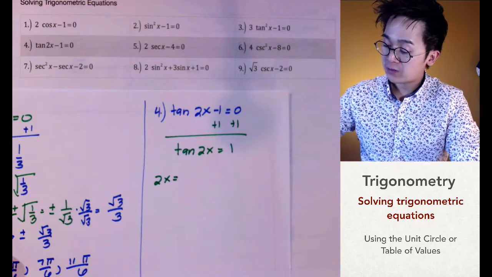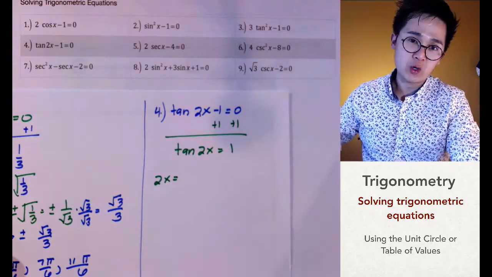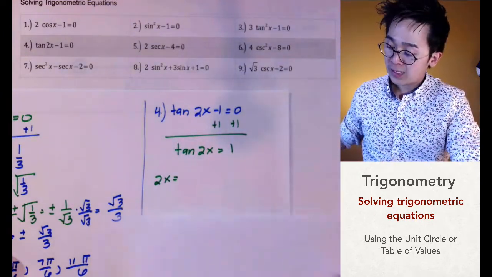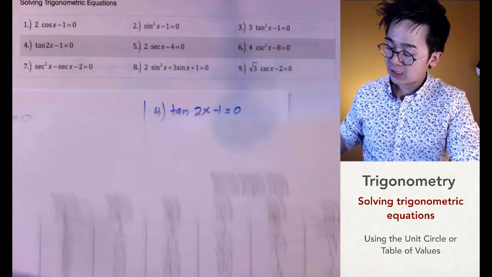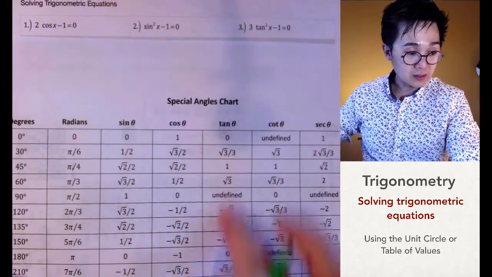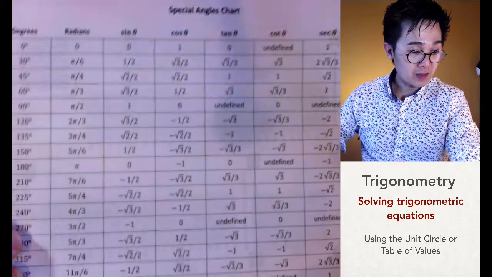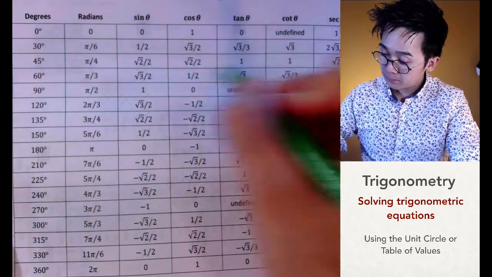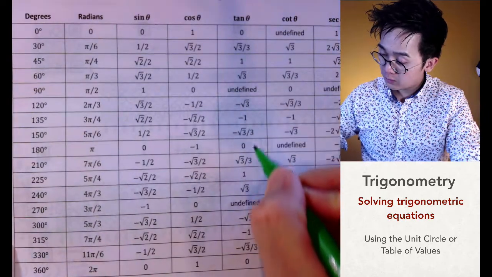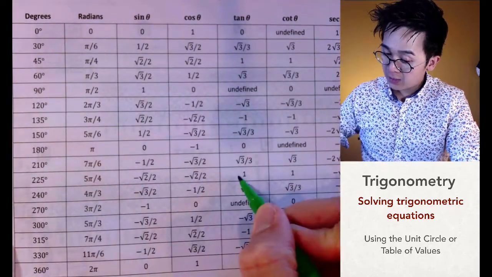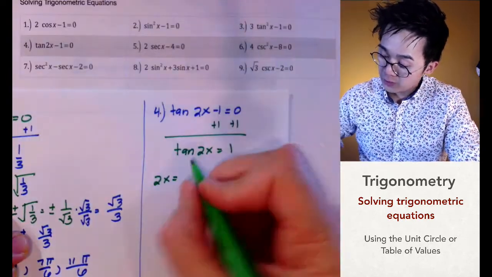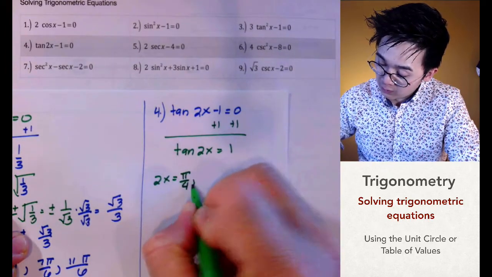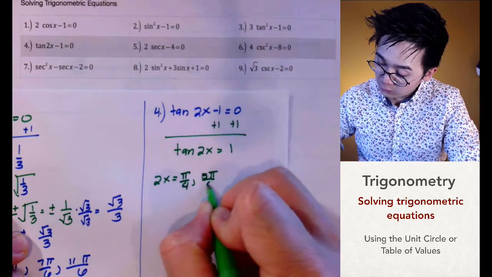So we'll just ignore the coefficient for a while and look for all the values of tangent x equal to 1. So this is our tangent value, and all the values of tangent that are equal to 1 would be pi over 4 and 5 pi over 4.